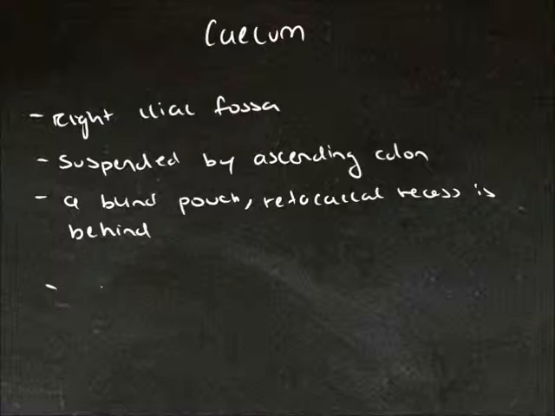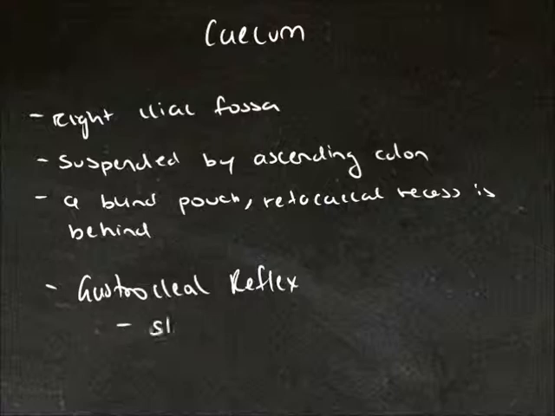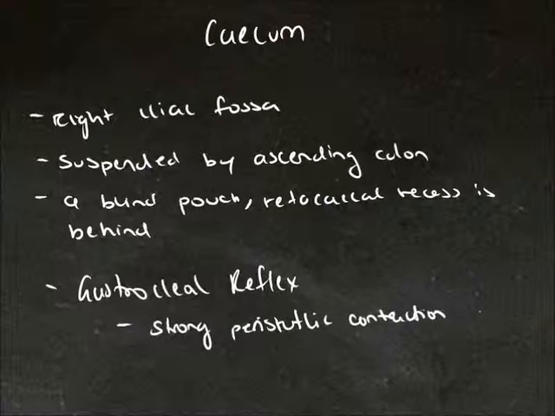Food moves into the cecum through the ileocecal valve via the gastro-ileal reflex. What happens is there are strong peristaltic contractions in the stomach. Which cause the small intestines, and more importantly the ileum, to commence peristalsis.